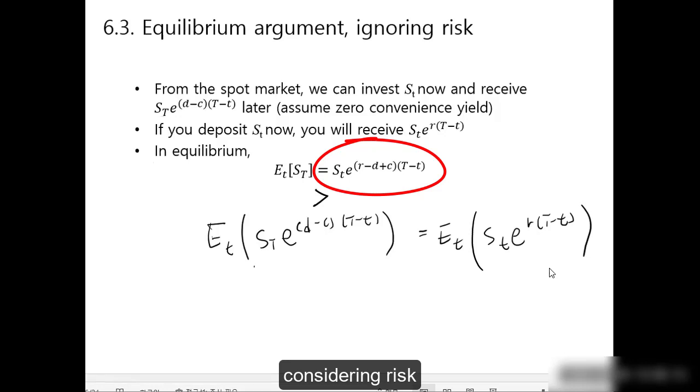So what this equation says in the end is that the expected spot price must be identical to the forward price if we ignore risk, according to the equilibrium argument. If we do consider risk, the most likely relationship is that the expected spot price should be greater than the current forward price. Okay, so that's what we want to say here.